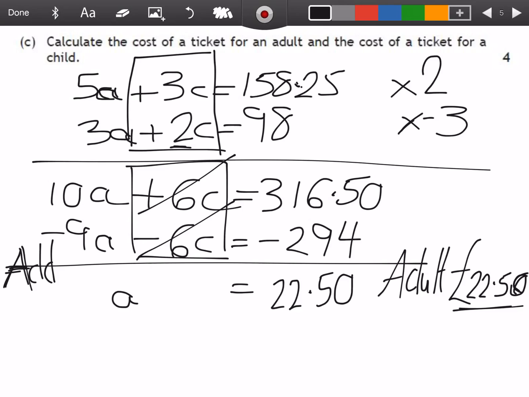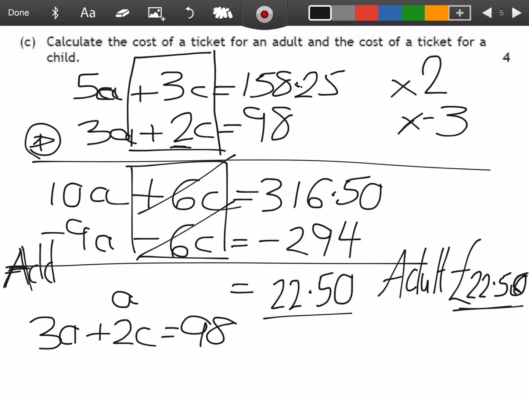Once you've found one value, sub it in to your equation to get your other value. Choose the easy equation, right? If there's an equation that doesn't have a negative or lower numbers, maybe sub it into that one. I'm going to choose that equation there. So I've got 3A plus 2C is equal to 98. I already know what A is, 22.50.